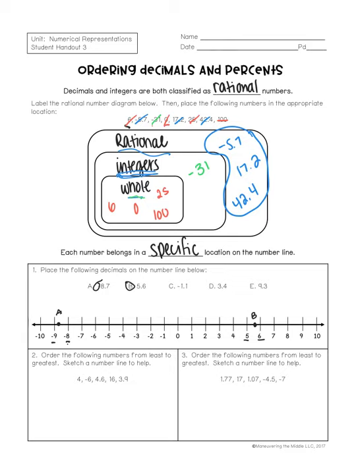So if I have negative 1.1, it can't be between negative 1 and 0 because it's really smaller, because it's negative, than 1. So I'm going to go negative 1.1 right here, just right after that negative 1, in between the negative 1 and negative 2. D, 3.4, so I'm between 3 and 4, the two whole numbers I'm between there, and it's going to go kind of towards the middle but slightly closer to 3.